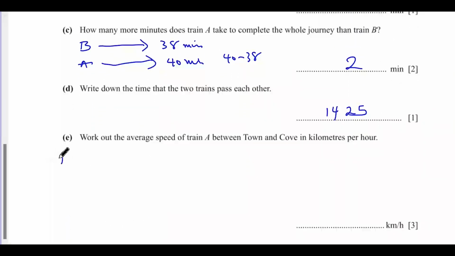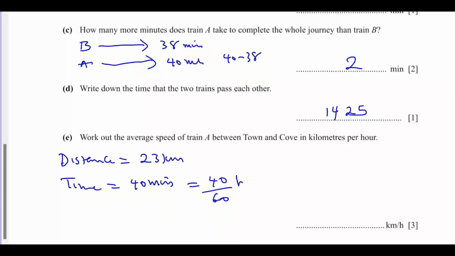So we can say the distance equals 23 kilometers and the time equals 40 minutes, which equals 40 over 60 hour. So the average speed is total distance over total time. That will be 23 divided by 40 over 60.